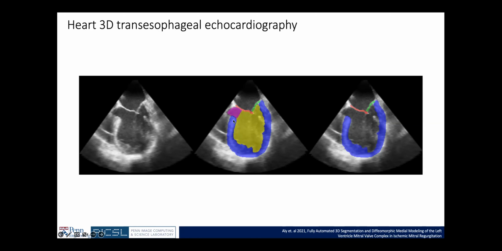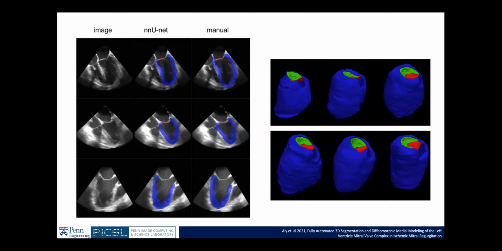This is the left ventricle, this is the left ventricle cavity, this is the tract, this is the anterior leaflet, and this is the posterior leaflet. So the network was trained on such ground truth images, and these are some of the output segmentations from nnU-Net. And these are in 3D. Okay.